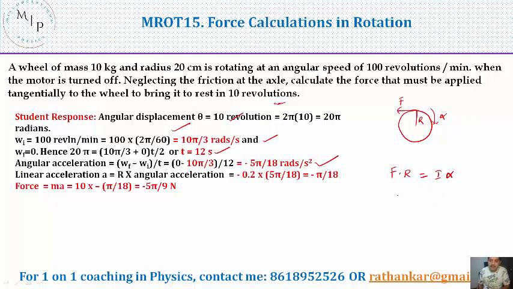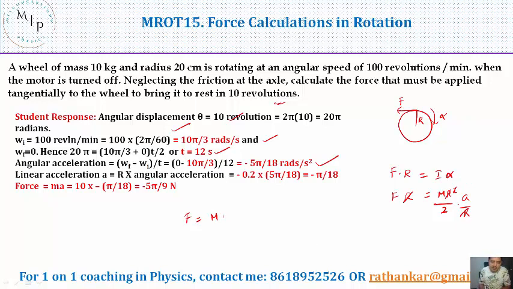So force into radius should now be equal to I, and I is nothing but mr square by 2, which is the moment of inertia, multiplied by alpha. What is alpha? A divided by R. Okay, you can use this here. Now as a result of this, F into R is equal to so much R. You can now write the tangential force that you need to apply here is nothing but M. No, wait. This R and this R I will cancel. This R and this also I will cancel.